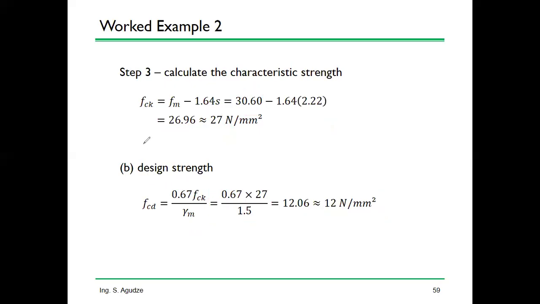So this is the typical thing we do. When they give the lab test to me as a structural engineer, these are the calculations I have to do. And then I will say that the results are okay. The concrete is fine. Let's proceed. You see the result we got here is 27.